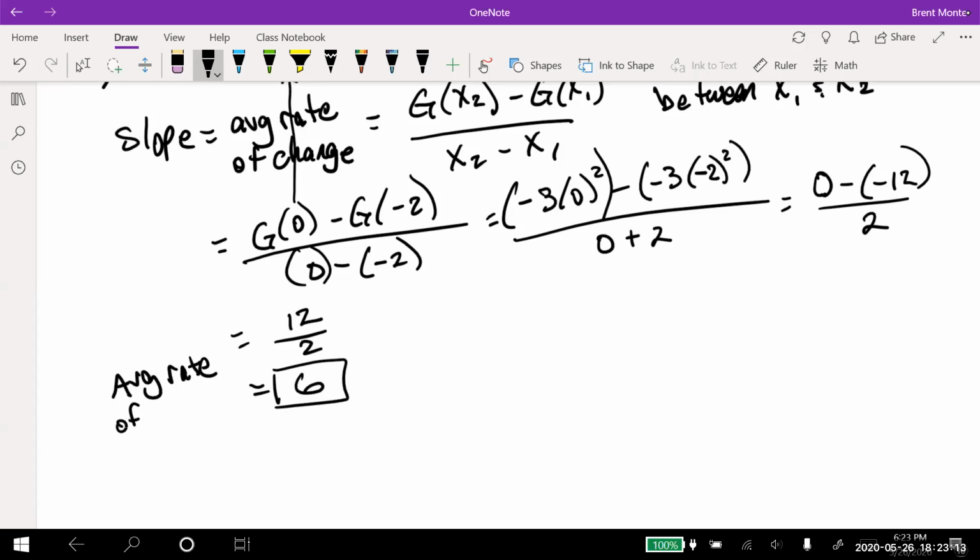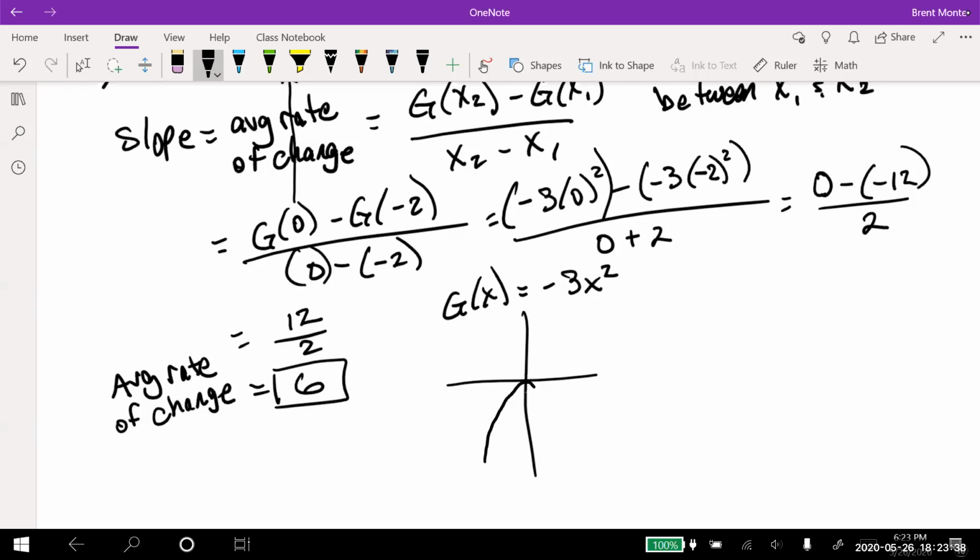Let me draw you a picture to show you what we just found. Remember, the graph of g of x is negative 3x squared. If you remember what that looks like, it's a parabola that goes through the origin and opens down. The 3 makes it pretty steep, but it looks something along these lines.